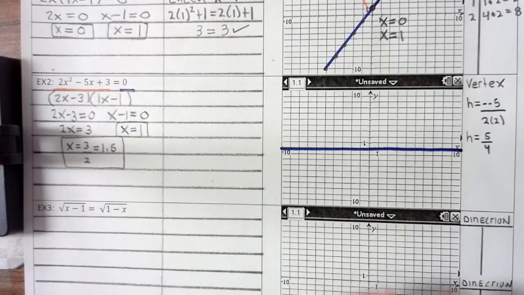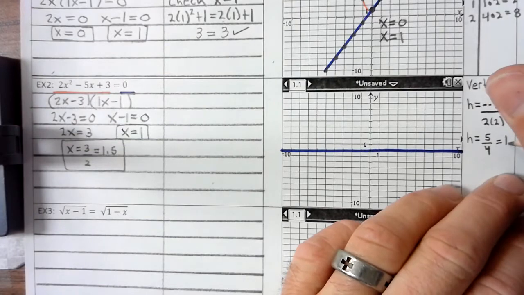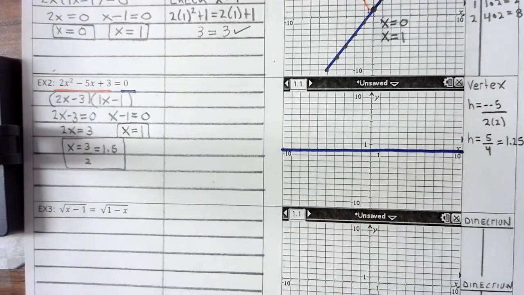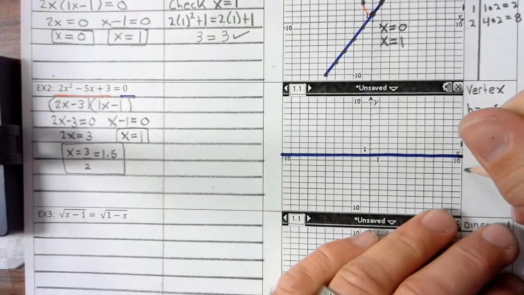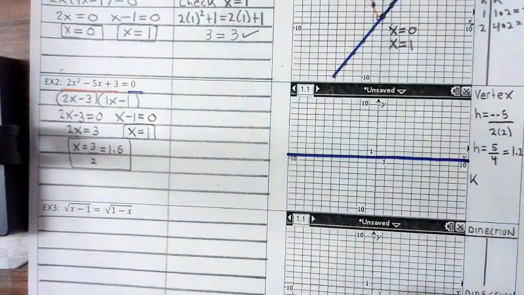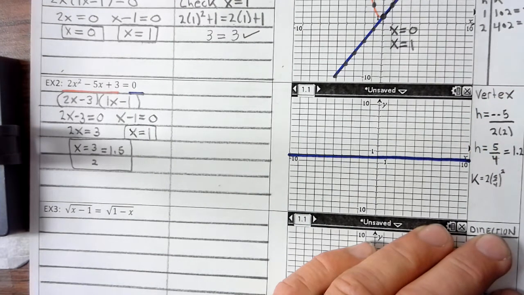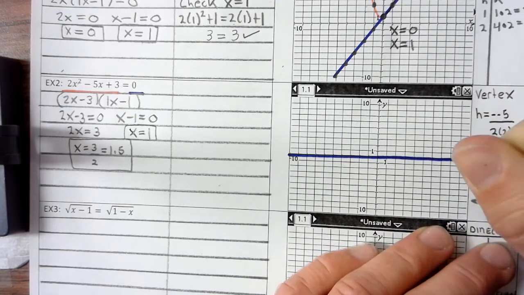Now we need to find k, and in this case, it's going to be easier to graph and find the decimal. So 5 divided by 4 is 1.25. And then k, you substitute 5/4 in for x, so that's equal to 2 times 5 divided by 4 squared minus 5 times 5/4 plus 3.